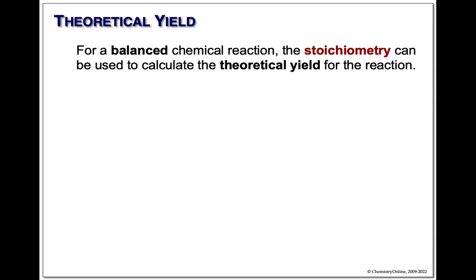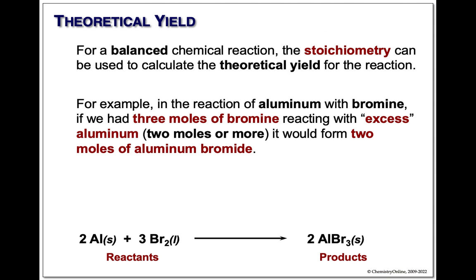I said that from our balanced equation, we get what's known as the theoretical yield, right? We said 3 moles of bromine, 2 moles of aluminum, 2 moles of aluminum bromide. Again, typically, we would have excess of 1.